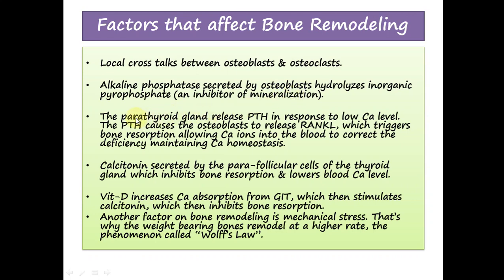The important external factor is the parathyroid hormone, which is secreted by the parathyroid gland in response to hypocalcemia, or low calcium level, and it causes the osteoblast to release the RANK ligand, which will trigger bone resorption.